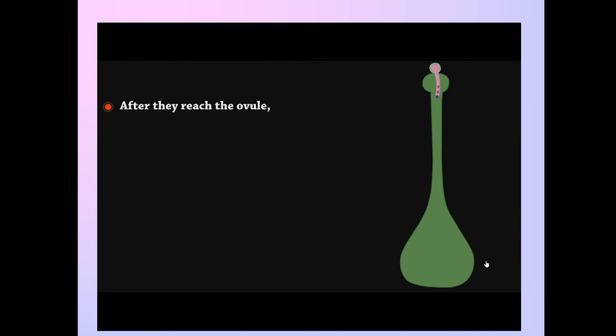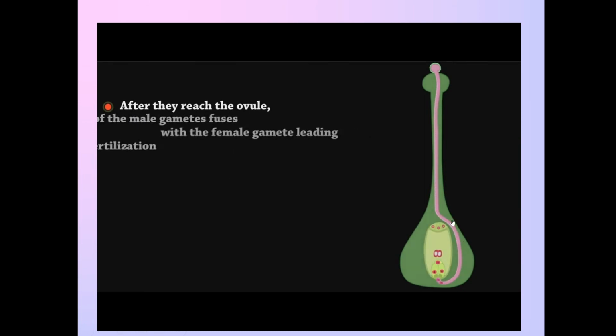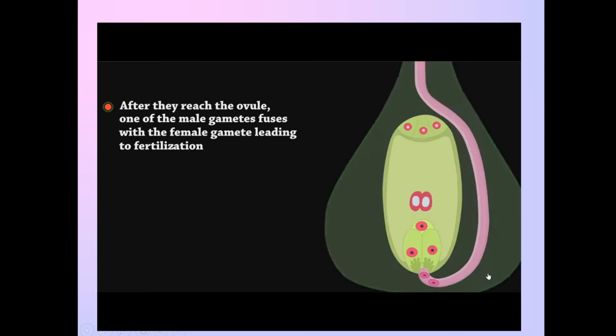After they reach the ovule, one of the male gametes fuses with the female gamete, leading to fertilization.